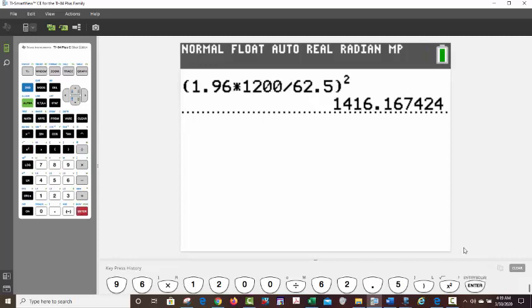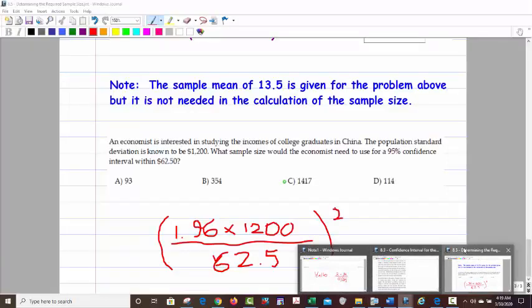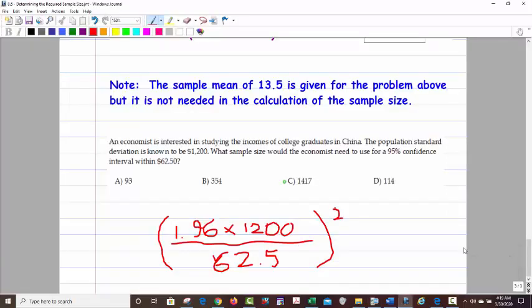Enter. Round up to the next whole number, 1417. And there it is. Answer C, 1417. Well, okay, that concludes this video on finding the required sample size.